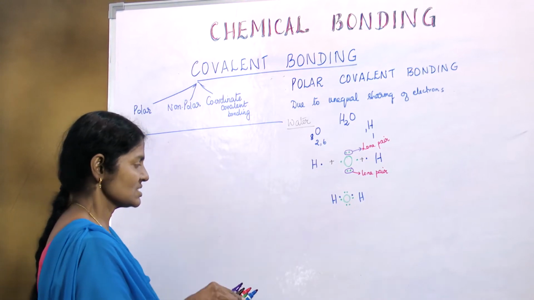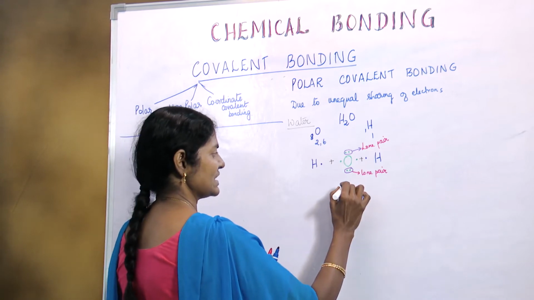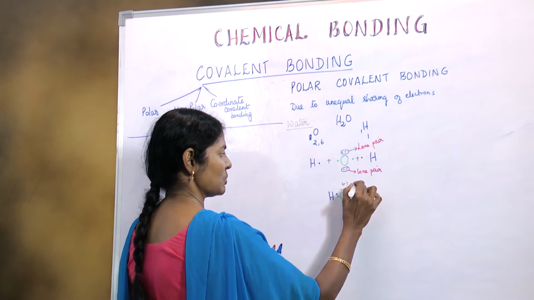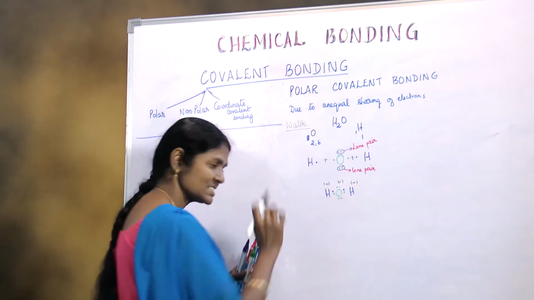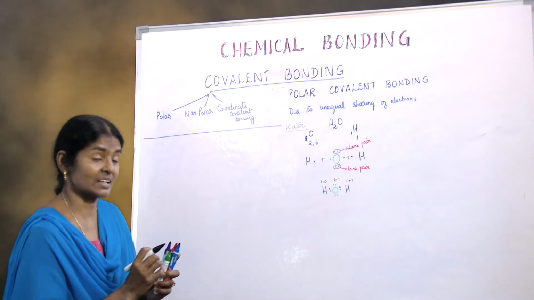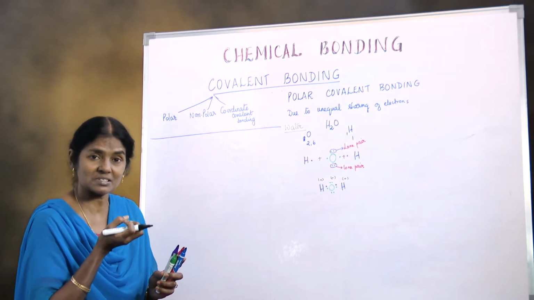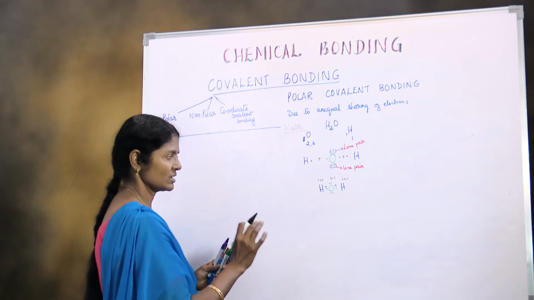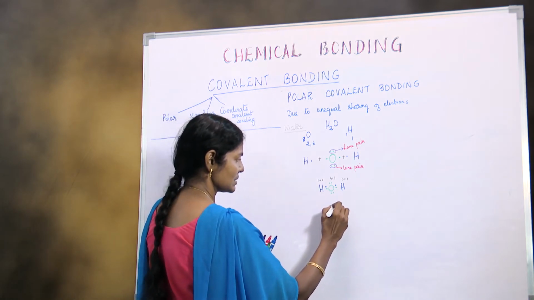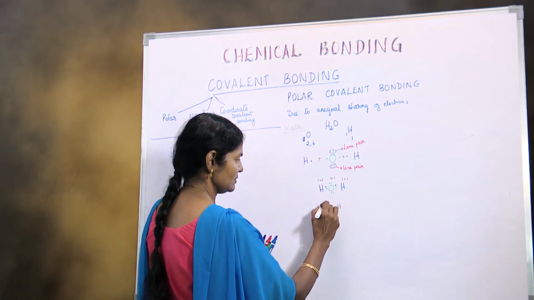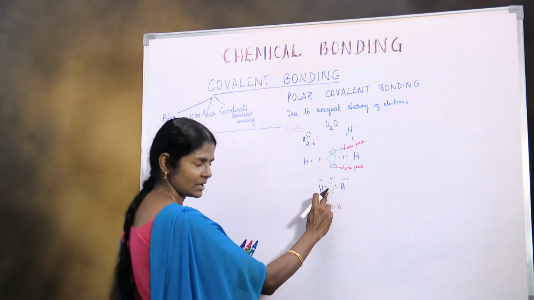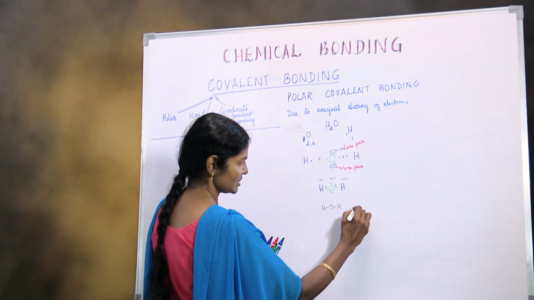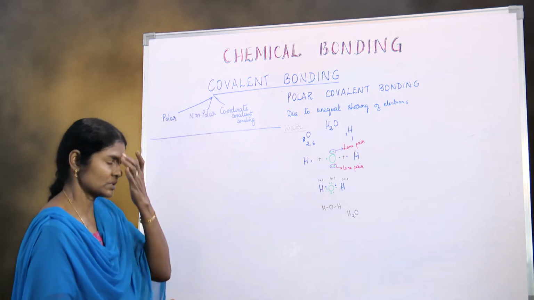So oxygen thereby becomes slightly negative, whereas hydrogen would become positive. Sharing is happening, but there is unequal sharing. It is pulling the electrons towards itself. This is called polar covalent and it is represented like this. One pair shared, one bond formed, and this is what a water molecule is. This is how it is formed.